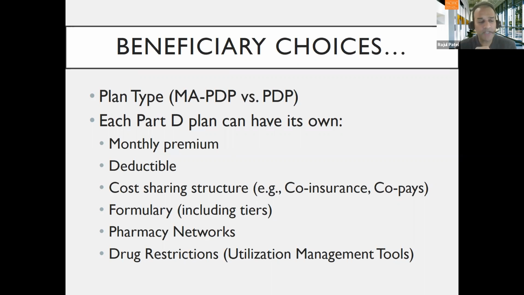And so you need to make sure that your medications are covered under that plan. Pharmacy networks are increasingly becoming an issue because not all pharmacies accept all plans. And sometimes not only will a pharmacy accept a plan, but there's things called preferred pharmacies versus a standard network pharmacy.